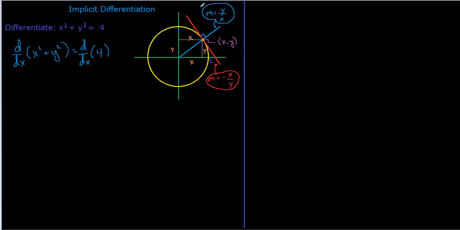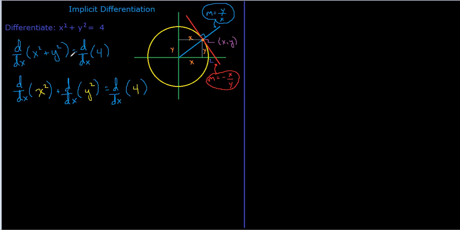Now, if we apply the derivative with respect to x to each of the terms on the left side, we'll have the derivative with respect to x of x squared, and then the derivative with respect to x of y squared, and the derivative with respect to x of 4.